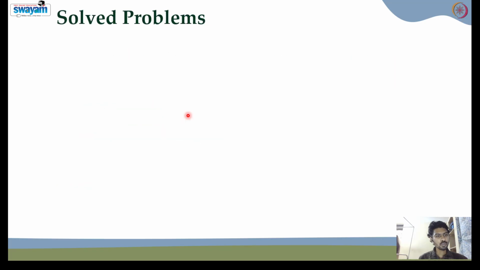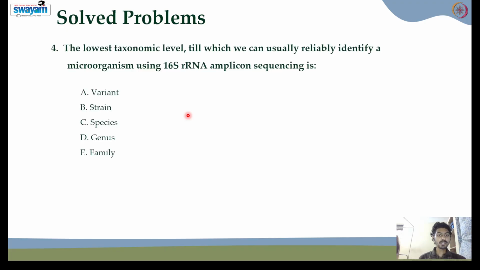Now we will move on to the next question. The lowest taxonomic level to which we can usually reliably identify a microorganism using 16S rRNA amplicon sequencing is, I will repeat the question, the lowest taxonomic level to which we can usually reliably identify a microorganism using 16S rRNA amplicon sequencing is: option A, variant; option B, strain; option C, species; option D, genus; and option E, family.